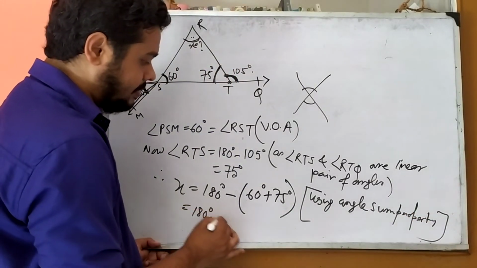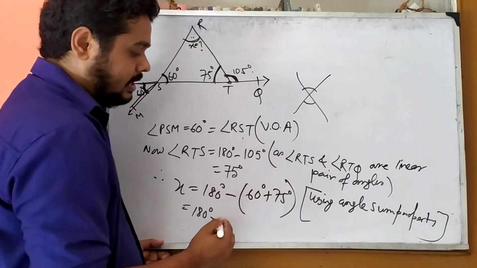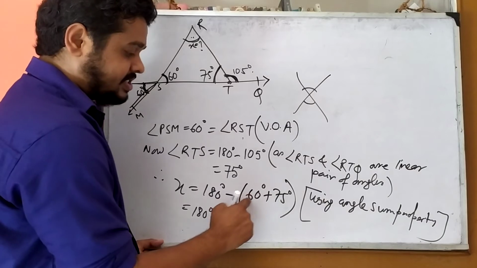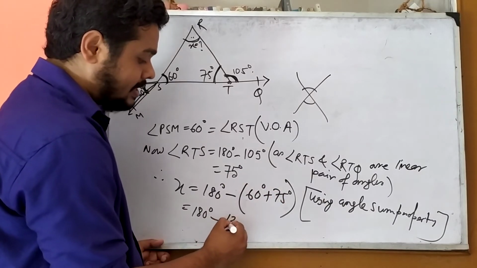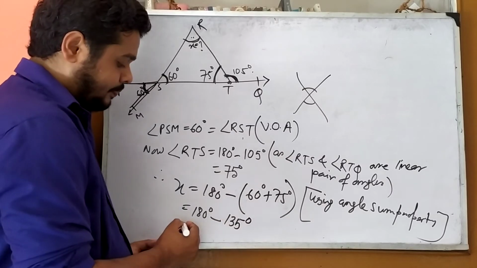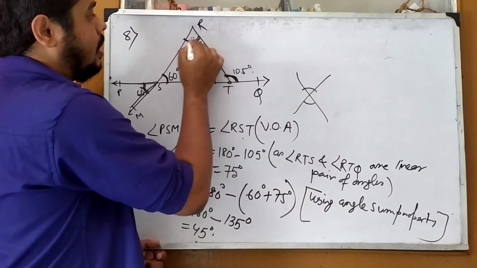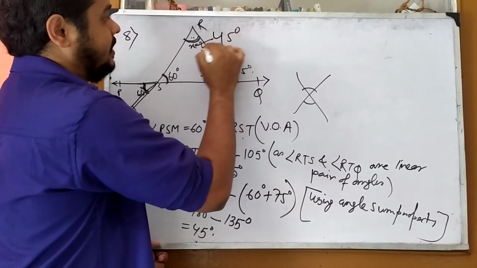Now 180 minus 135 is 45 degrees. So the value of x is 45 degrees.